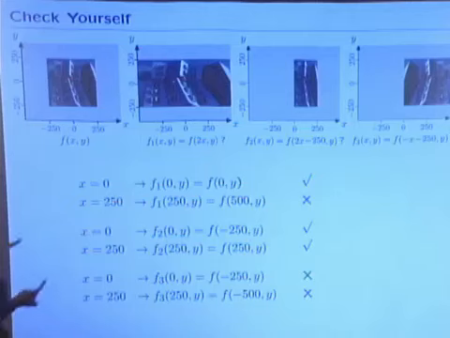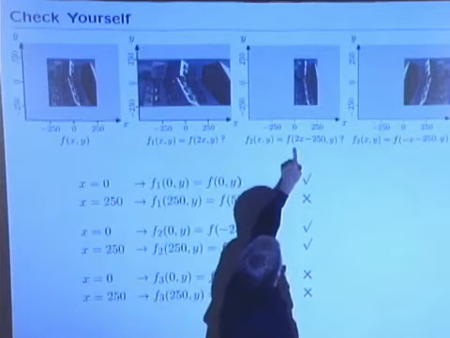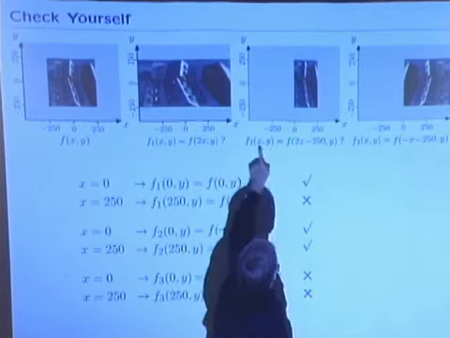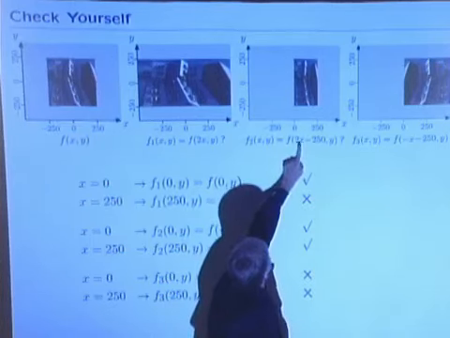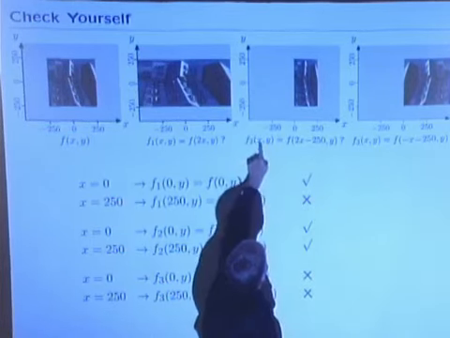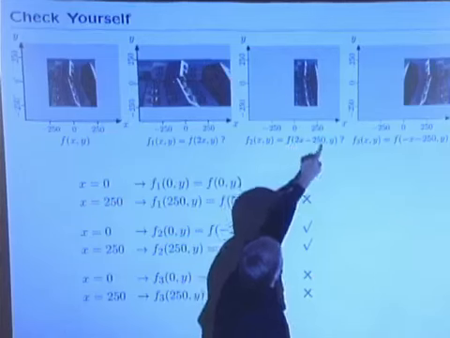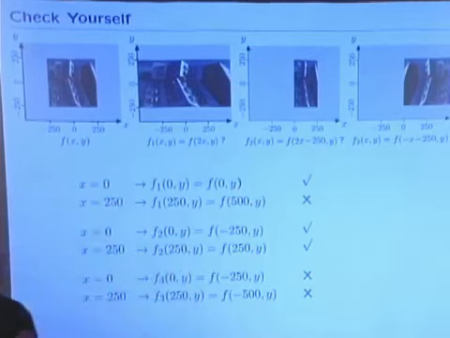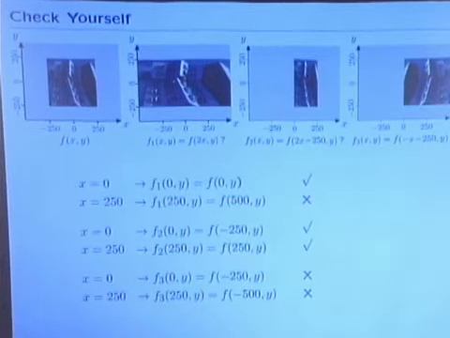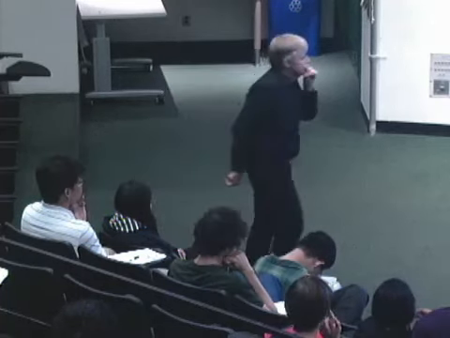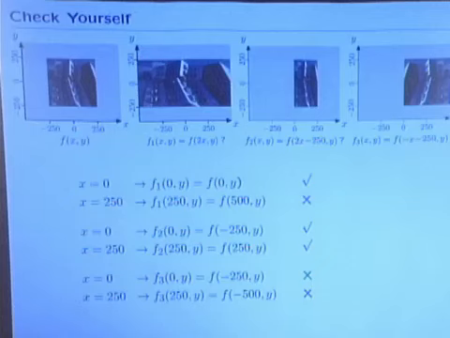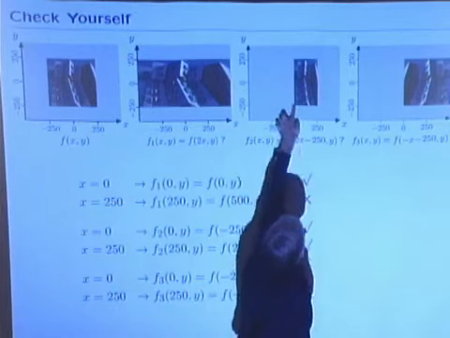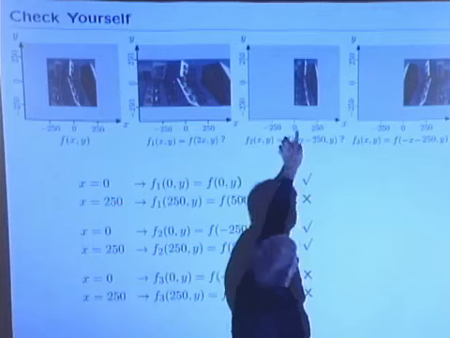Similarly, for the second transformation, let's just try some points. If we try the point x equals 0, this says that f2 at location 0 should be f at location minus 250. Is that correct? So f of 0, well, that's the left-hand side of theta.